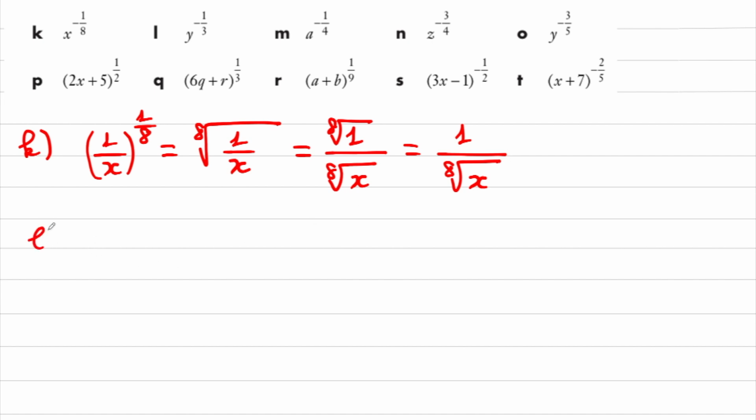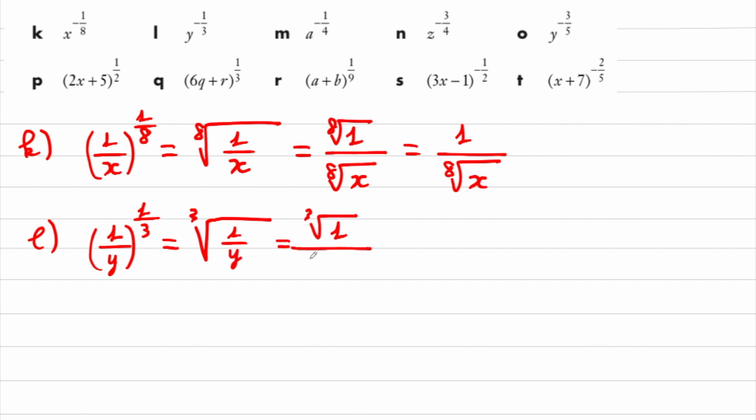Question k we finished. Question l, you got 1 over y, and the negative indices become positive indices, and then you got cube root of 1 over y. So here is 1, and for here you got y, and then y over cube root of y here. Question l we finish.